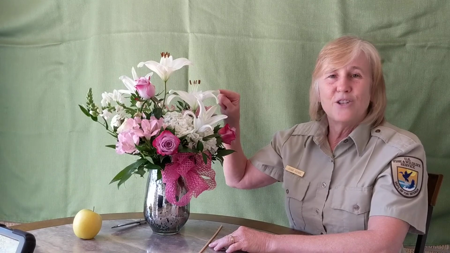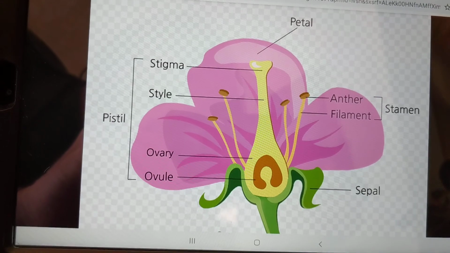So we're going to use these white Easter lilies. And the neat part about the Easter lilies is all the parts of the flowers are really big in here. Now, if you don't have an Easter lily, you can go and Google parts of a flower on your computer and it'll show you a picture of just what we're talking about. Like this.